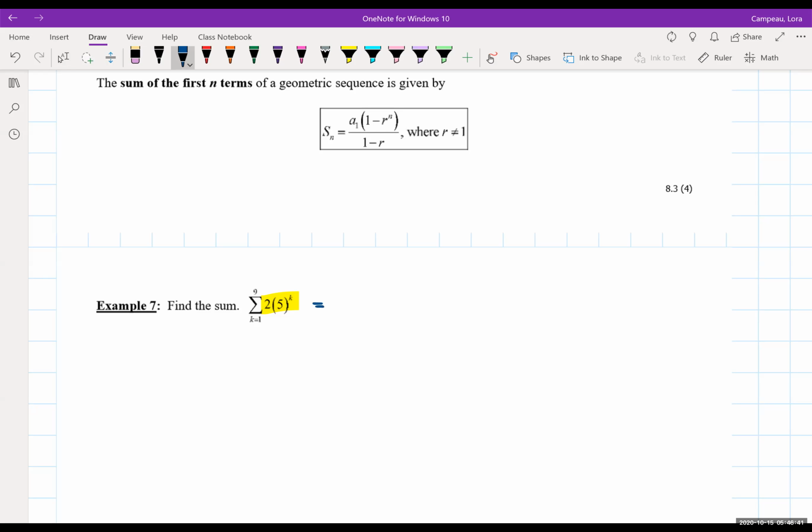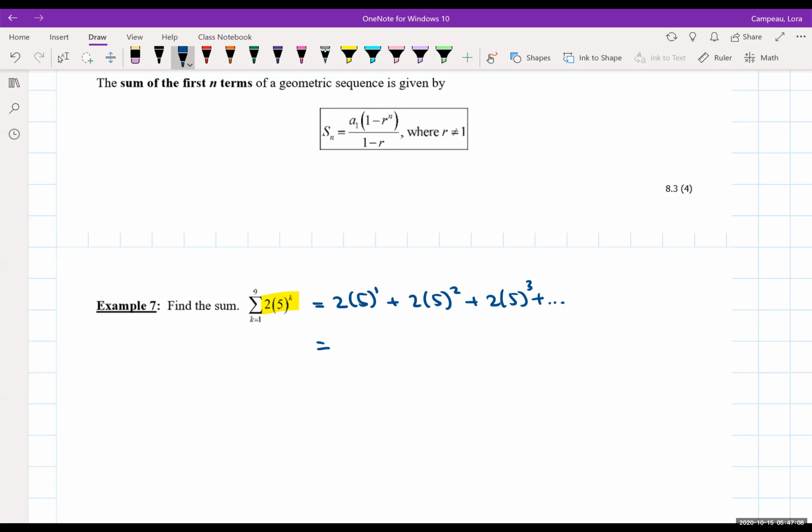So if I were to write this out, what's the first term? 2 times 5 to the first power. The second term would be 2 times 5 to the second power. Third term, 2 times 5 to the third. And there's more, but I just want to see what we have down.